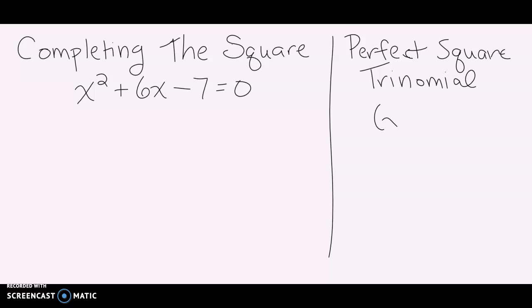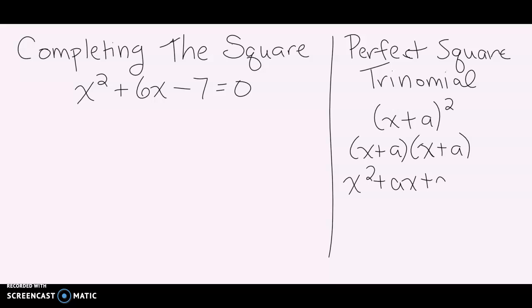Okay, so just imagine that you have (x plus a) and you're squaring it. a is just a number. Okay, so we're going to use FOIL here to figure out what this product would be. So we have x squared plus ax plus ax plus a squared.